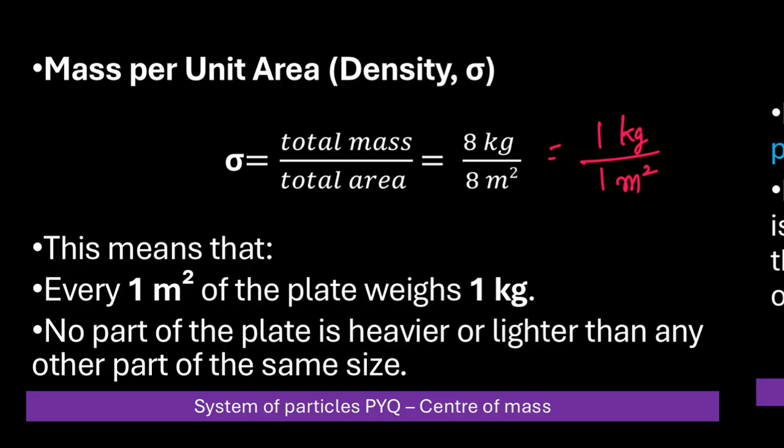Or in other words, no part of the plate is either heavier or lighter than any other part of the same size. Okay, let's revisit that one more time. No part of the plate is heavier or lighter than any other part of the same size.